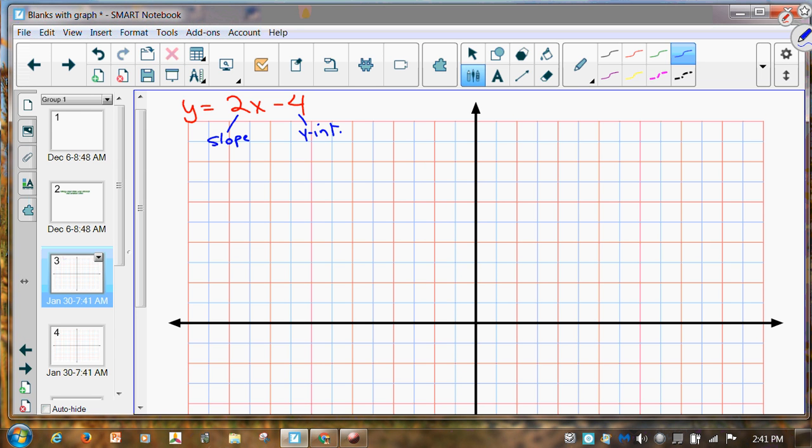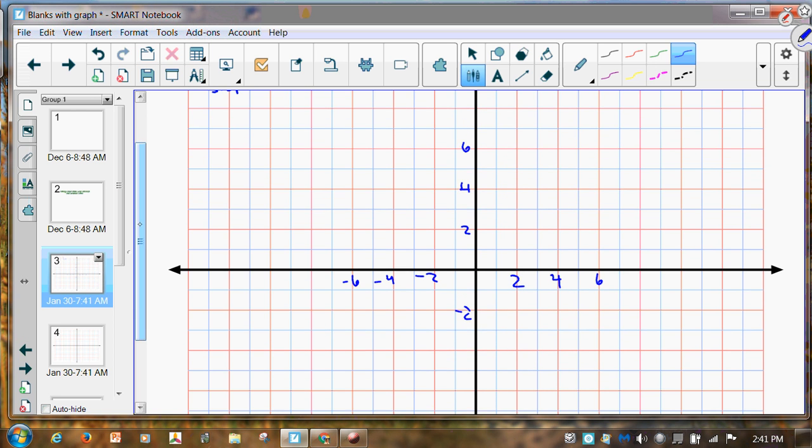Okay, so first thing let's do is just go ahead and plot the y-intercept. That's easy. And we'll use each blue box on our graph as signifying 1, so that this will be 2, 4, 6, and so forth, and then of course going in the negative direction. So the intercept is at minus 4.